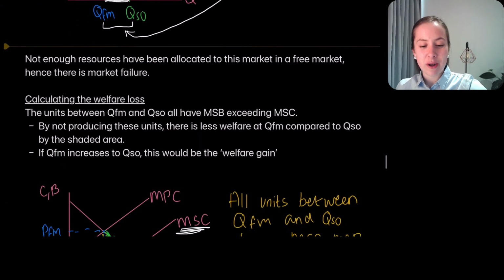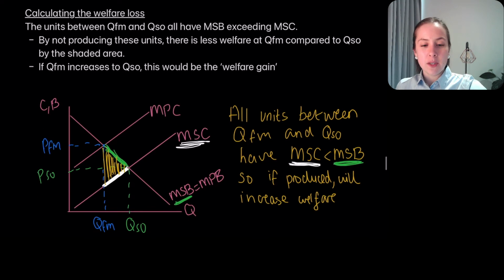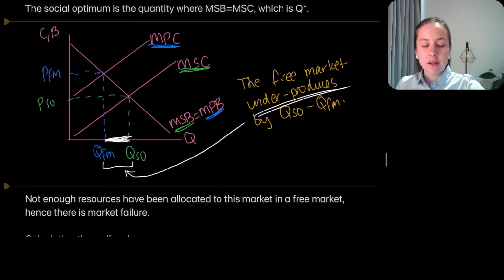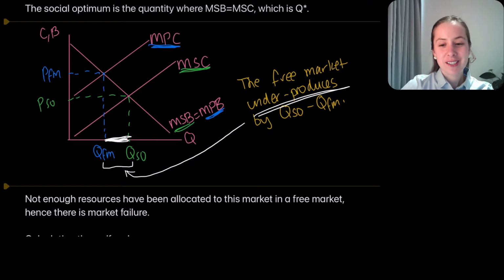Okay, now we get to the welfare loss. I've written some steps there that you can take down, but essentially we just really want to focus back onto this specific quantity that wasn't produced. So the units between QFM and QSO were not produced. But if they had been produced, what would have happened? Let's take a look.